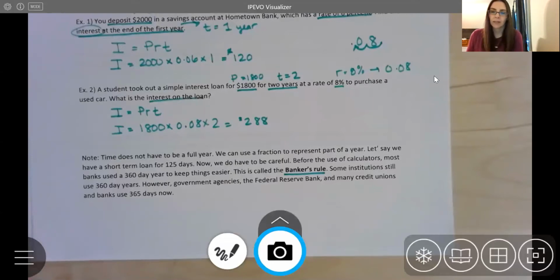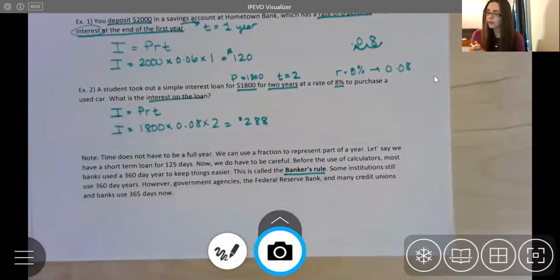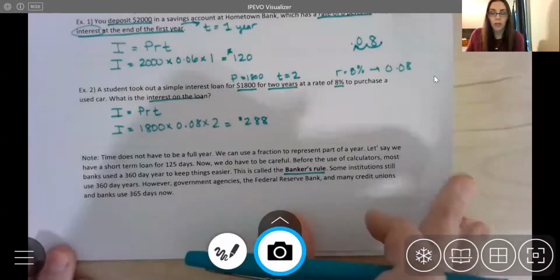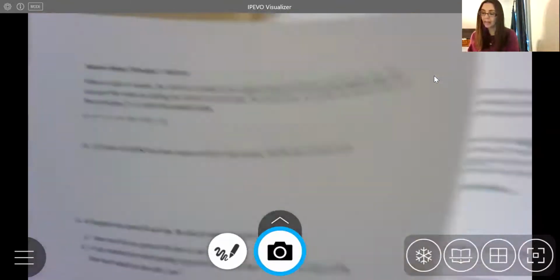Now, because we have so much technology, it's very easy to do these calculations with computers and have programs running in the background, so 365 is becoming more the norm, but you do want to be careful to see how your bank does their calculations. So usually things like government agencies, the Federal Reserve Bank, and many credit unions and banks do use the 365-day calendar now, but there are some that still use 360 days. So you want to be careful when you're doing these questions as well to make sure you read carefully to see what they're using for a calendar.